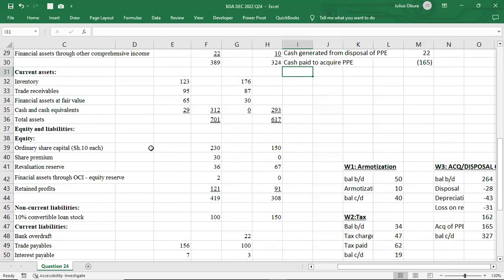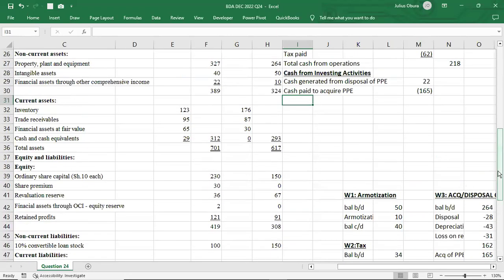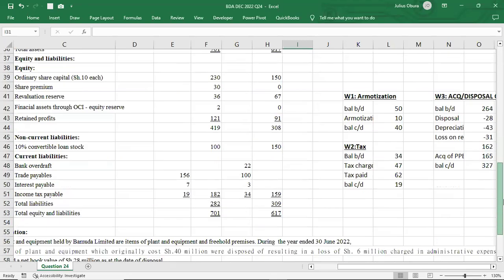Let's do the same for the other fixed asset that we have, the financial assets through other comprehensive income. So let's check for that.